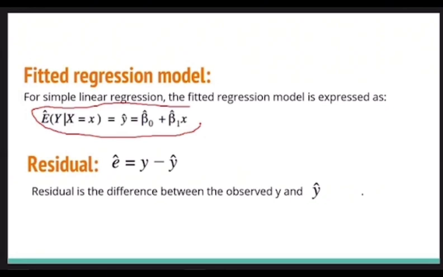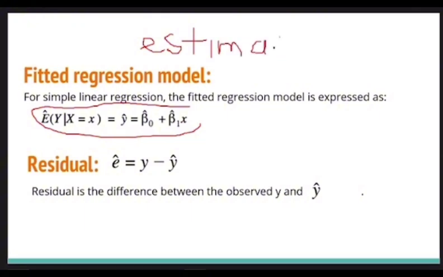Now, this is a fitted regression model. The beta knot is going to have a cap. The beta knot having a cap, you know what I mean? Estimate of beta knot. Why are we using estimate? Because a sample is involved.